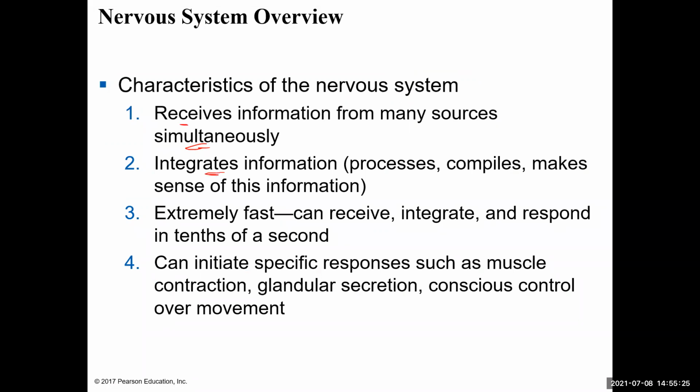So the nervous system basically has to process incoming information, compile it, determine necessary responses to that information, and then send out those responses. And this has to happen extremely fast for our bodies to work appropriately.